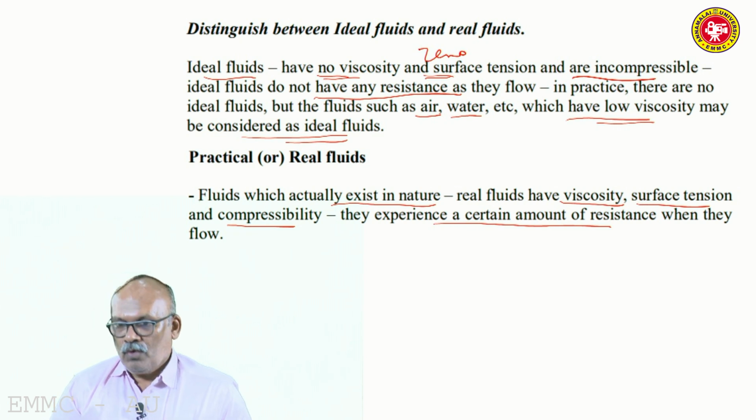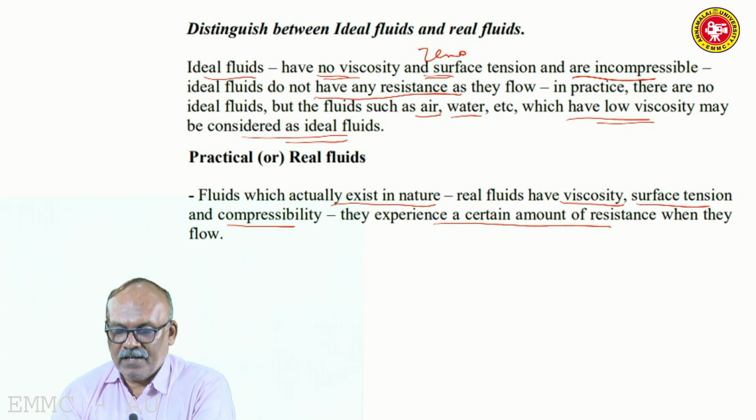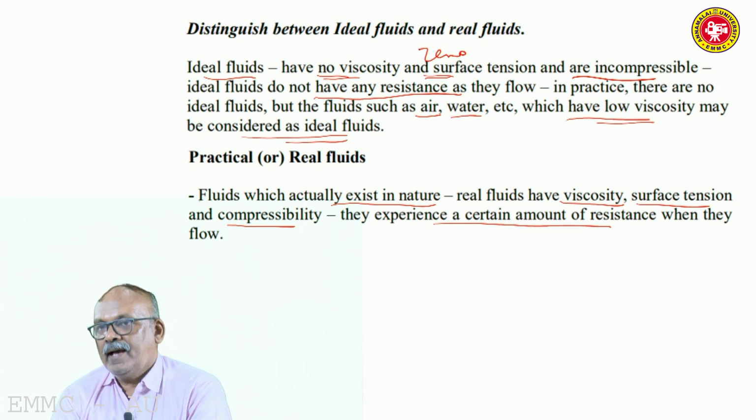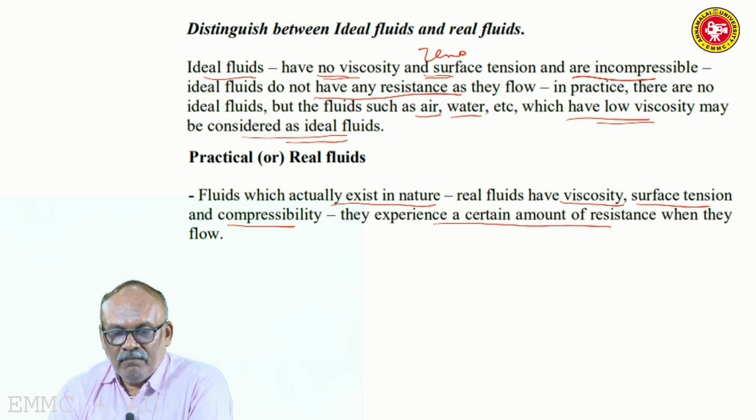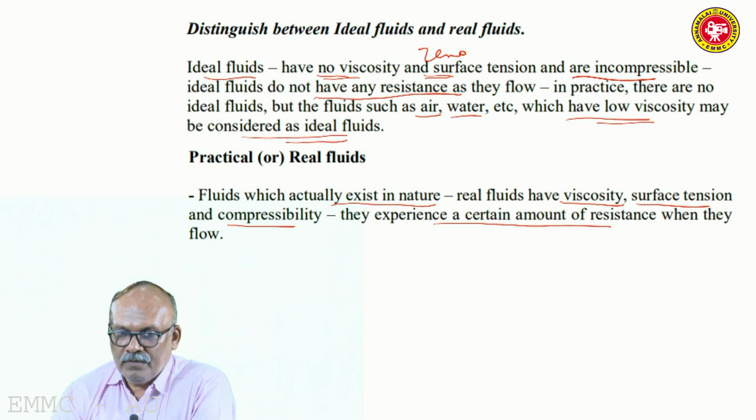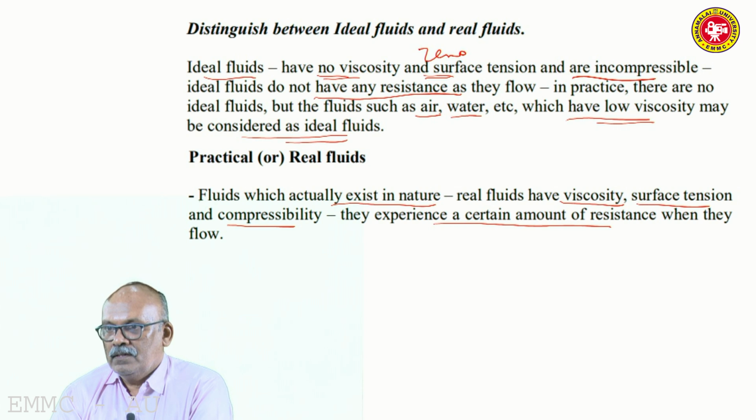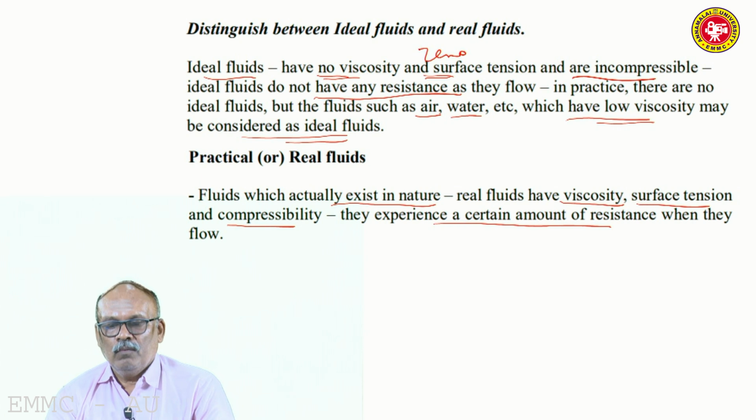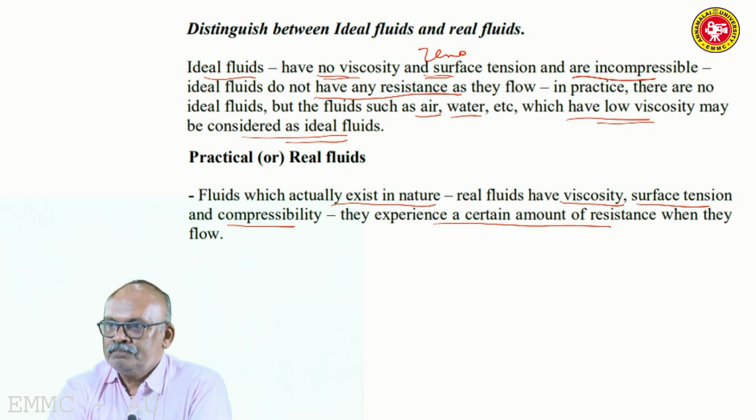So let me summarize what we have seen in this introductory module of fluid properties. A matter can exist in any one of the three states, namely solid, liquid or gas, and we have seen the differences between solids, liquids and gases in terms of the spacing between the molecules, the force of attraction, their shape, and the variation in volume when subjected to variations in temperature or pressure.